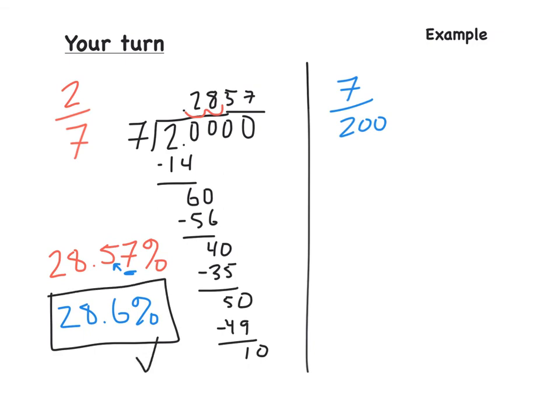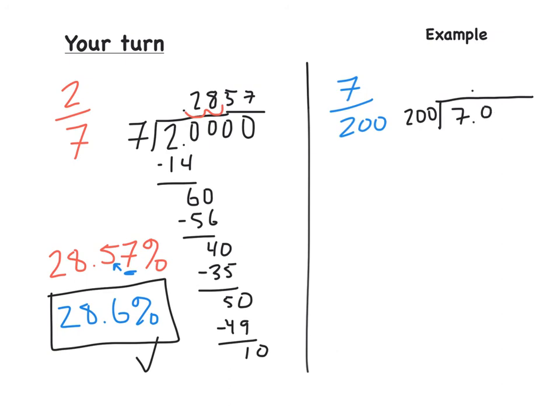Now if we go over to the one on the right, we have 7 over 200. This one is a little bit trickier, so let's set it up with long division. On the inside we have 7, and on the outside we have 200. We know 200 can't be divided into 7, so let's add the decimal point and add a 0.